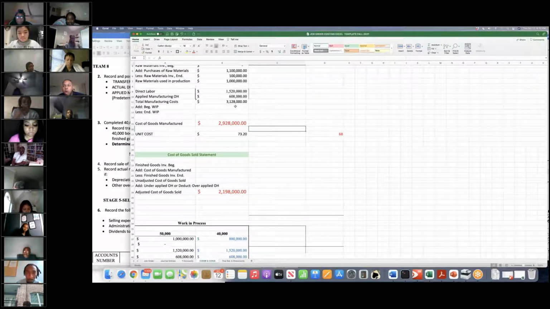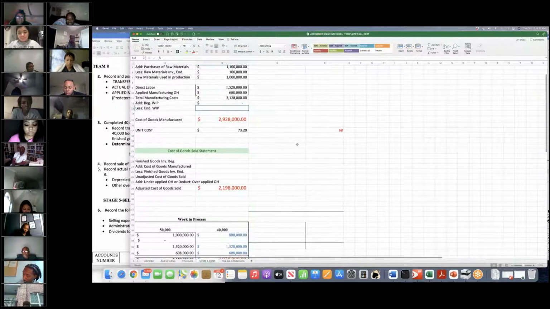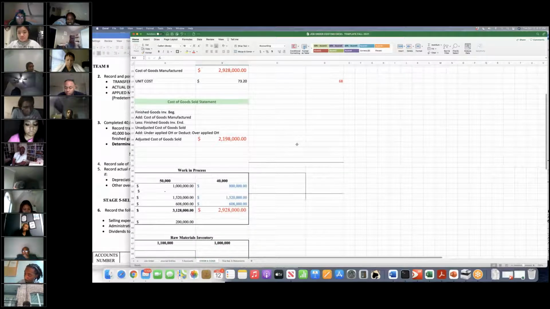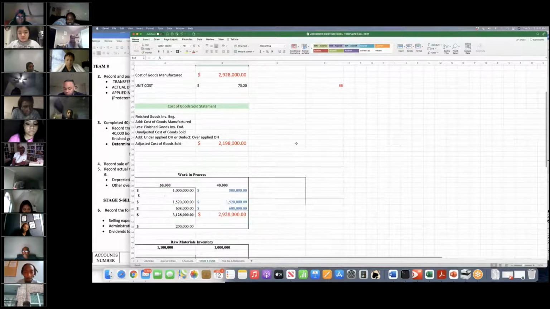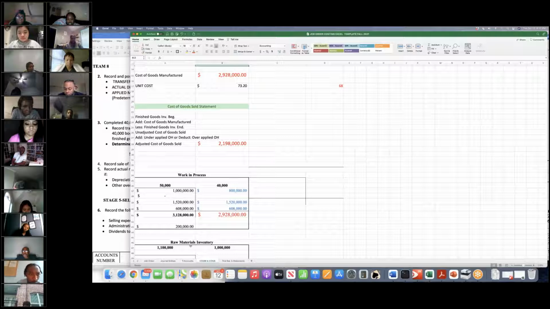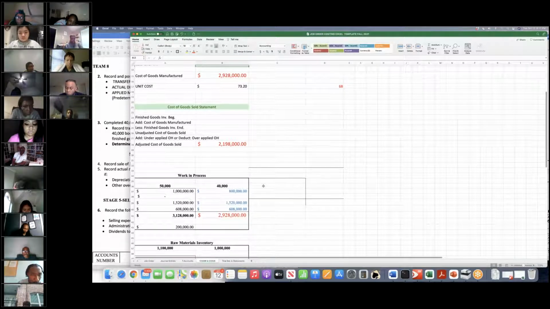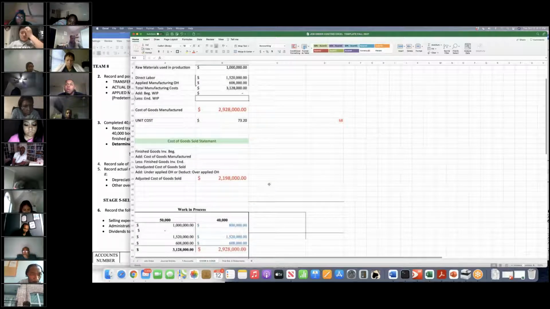At the beginning work in process inventory, we didn't have any. Subtract the ending work in process inventory. How much was the ending work in process inventory? How much is in the T account at the end, at the very bottom? 200,000.